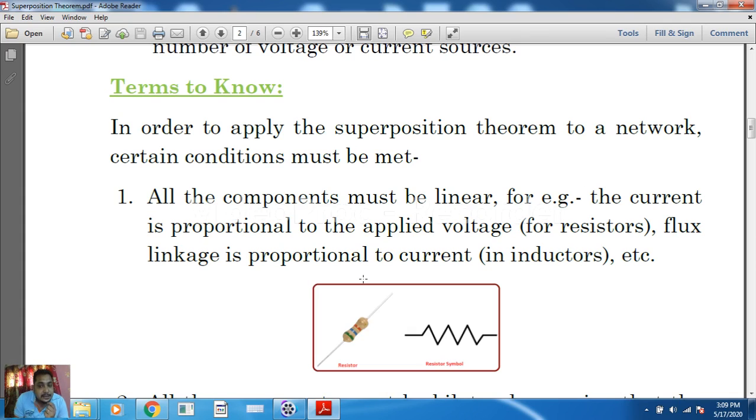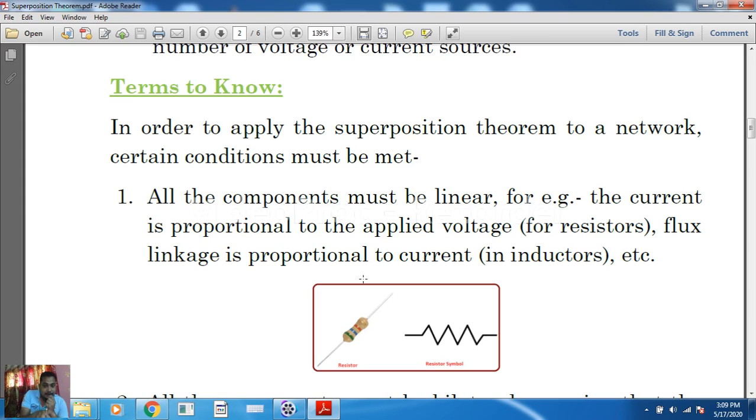So what is linear? Say I have considered a resistance symbol below there. The original view of the resistor and the symbolic view of the resistor are both kept over there. Now in the symbol of the resistor there are two ends, two terminals, correct? For simplicity we are considering there is a left hand arm and a right hand arm, as you can see in the picture.